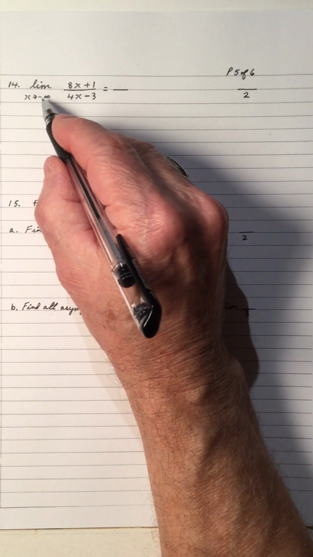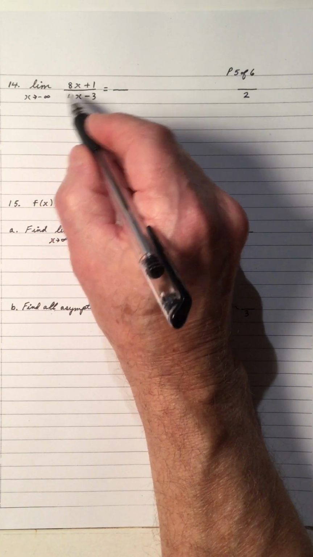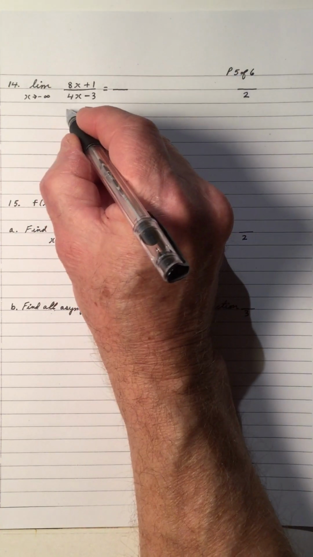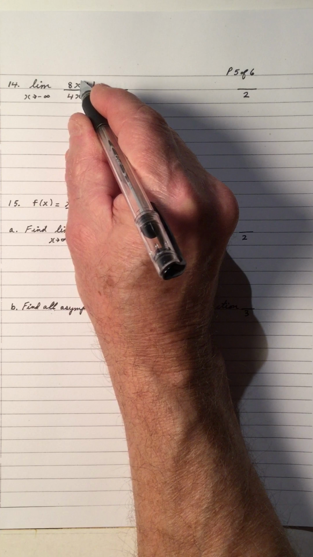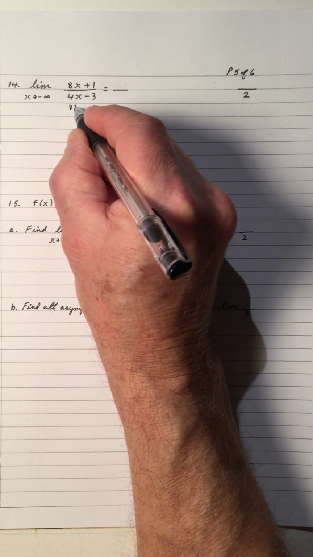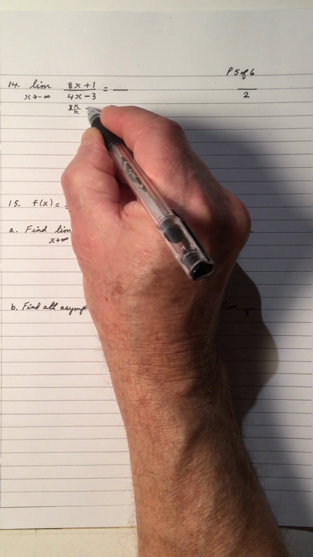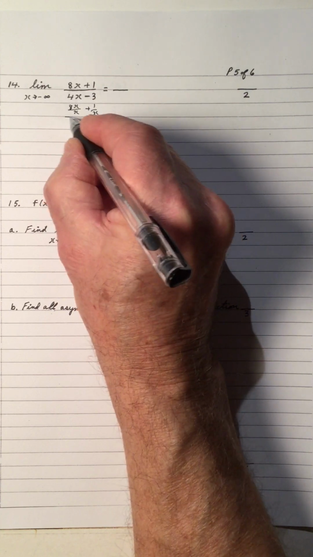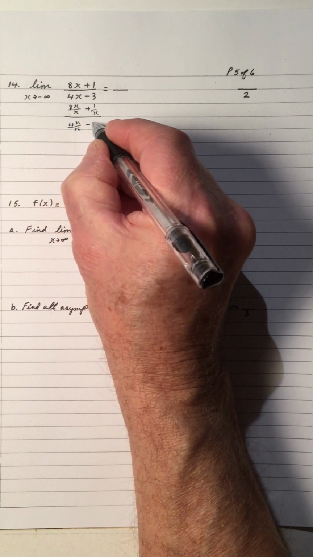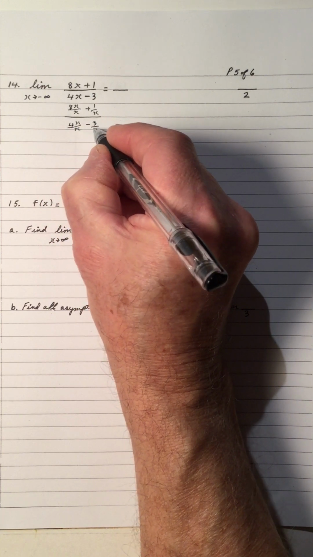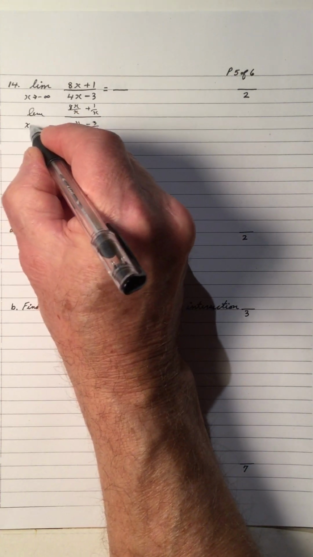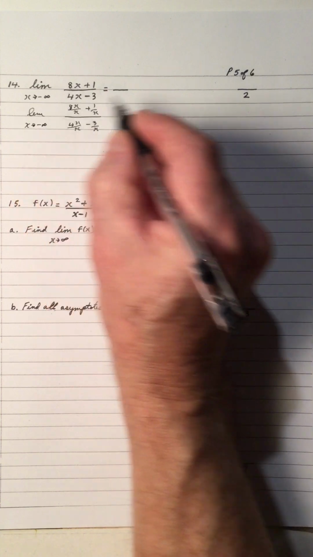What about the limit of this rational function when x goes to negative infinity? So what I do is I look at the highest power, which is 1. They're the same. So I take each of the terms and divide by x. This is the limit as x is approaching negative infinity.